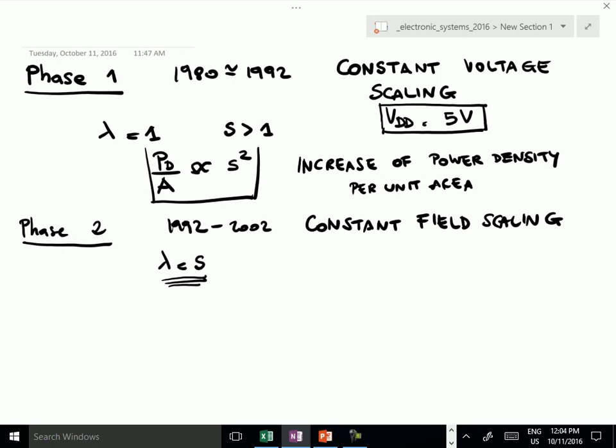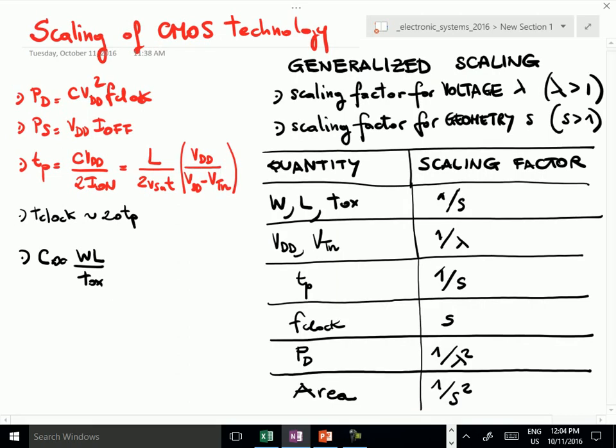Then the other advantage, which is the one that I mentioned at the beginning, is that you at some point do not increase anymore the power density per unit area. If you remember what we wrote here, if lambda is equal to S, the power and the area scale as 1 over S squared.